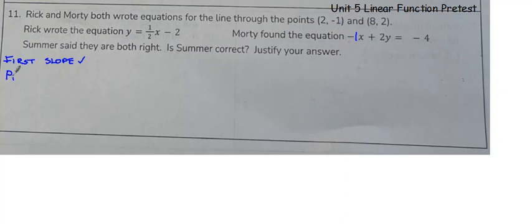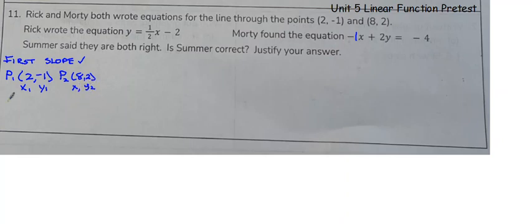Point 1 was (2, -1), so there's my x1, y1. And point 2 was (8, 2), so that was my x2, y2.